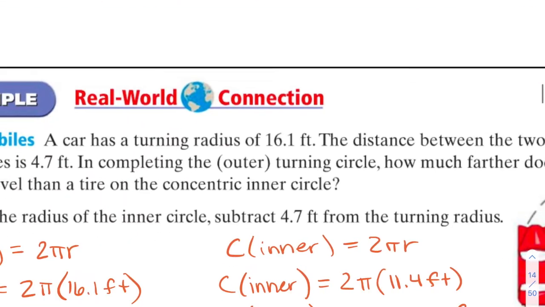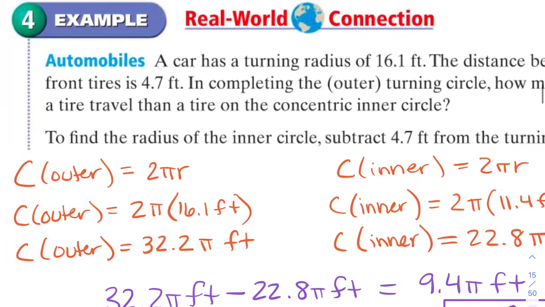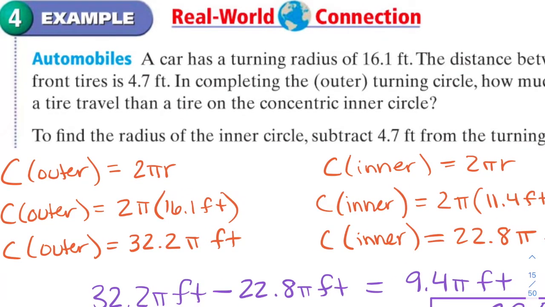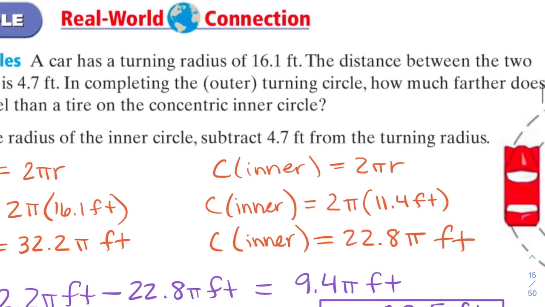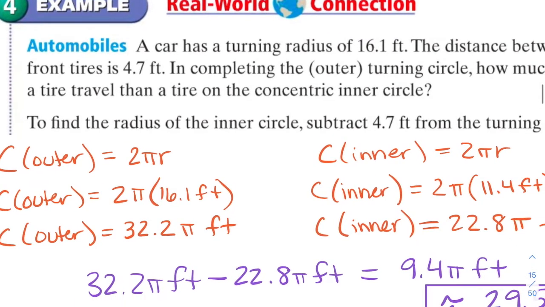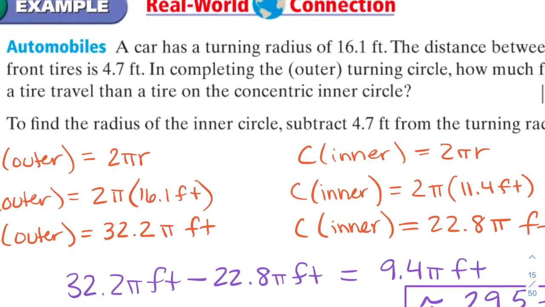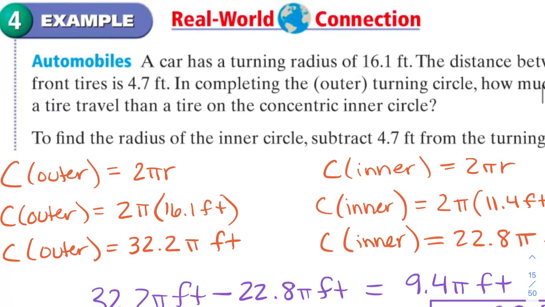Okay. So then I moved on to number 4 here, which again, I'll just talk about what I wrote down. So the question here is, a car has a turning radius of 16.1 feet. The distance between the 2 front tires is 4.7. In completing the outer turning circle, how much farther does a tire travel on the outside than on the inside?